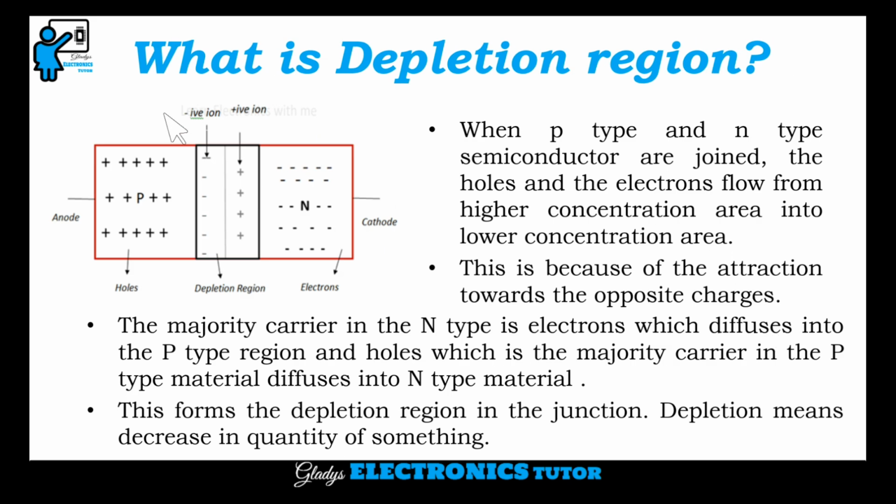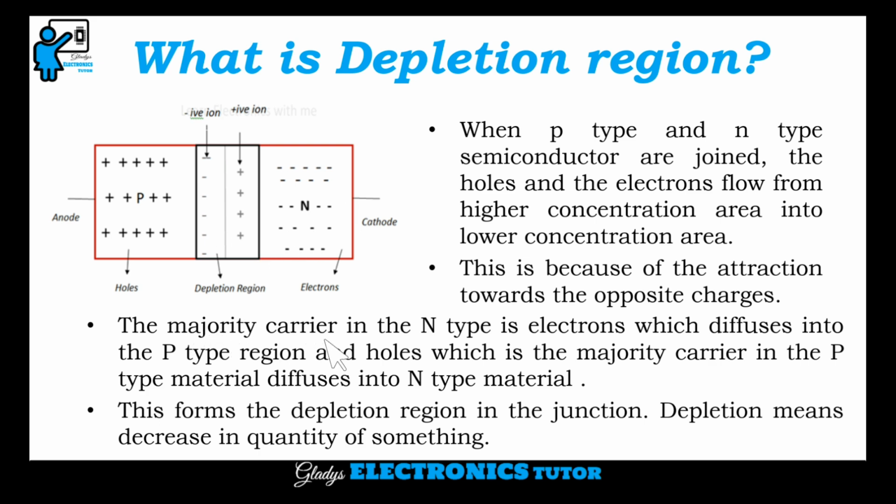Next we'll see what is depletion region. When P-type and N-type semiconductors are joined, the holes and the electrons flow from higher concentration area to lower concentration area. This is because of the attraction towards the opposite charges.